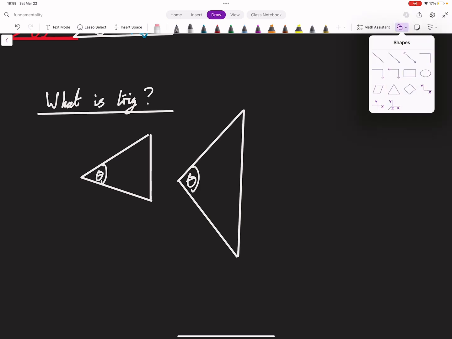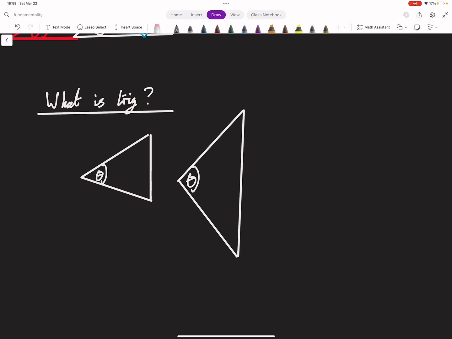But at the same time, if it's smaller, then the side opposite it is also going to be smaller. So what I've just shown is that there is a relationship between the sides and angles in a triangle.